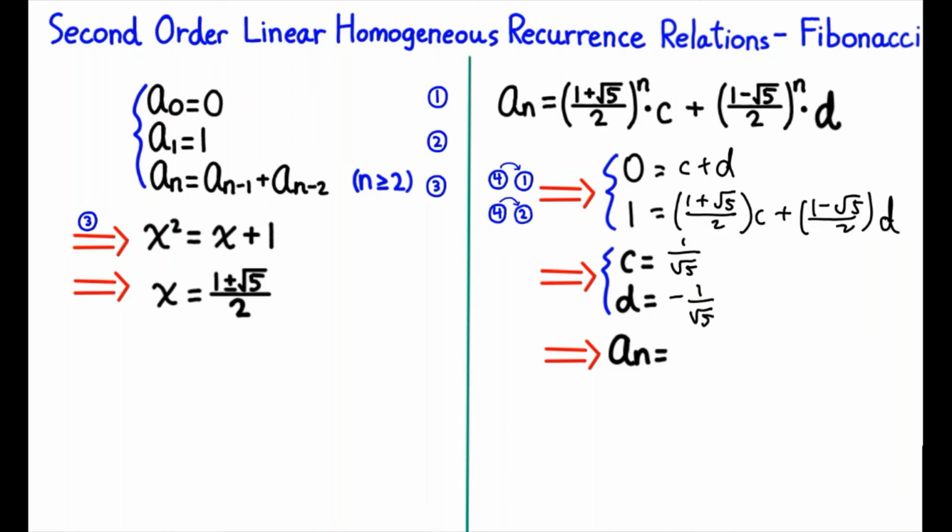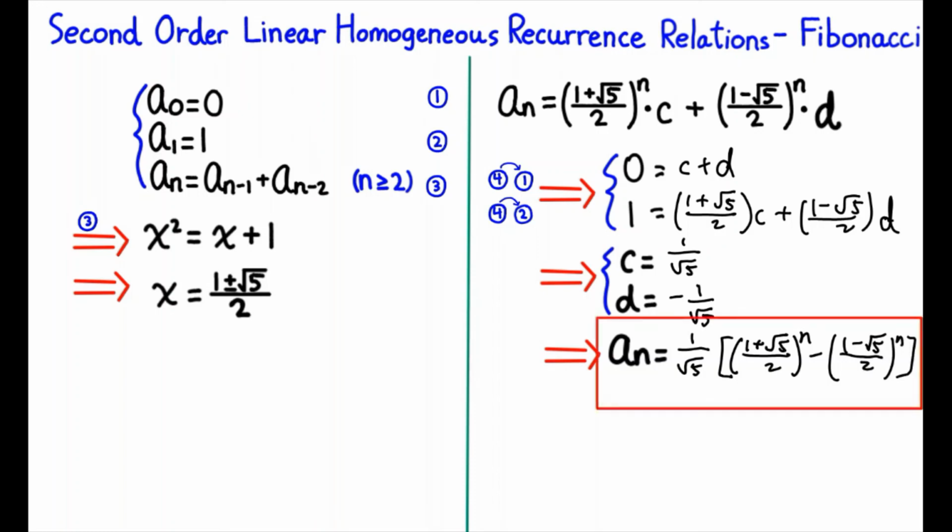Putting those two values in the equation over here, we get that an is equal to 1 divided by square root of 5 times 1 plus square root of 5 divided by 2 to the n power minus 1 minus square root of 5 divided by 2 to the n power. And there we go. That's our answer for second-order linear homogeneous recursion relations with the Fibonacci sequence.